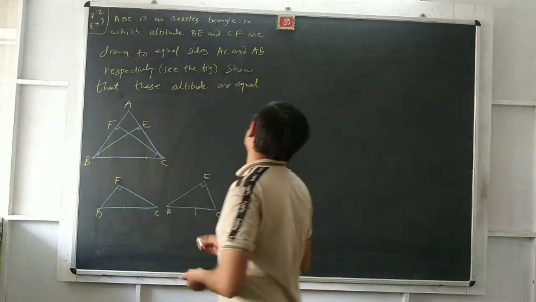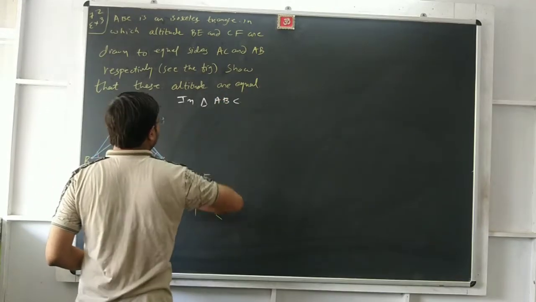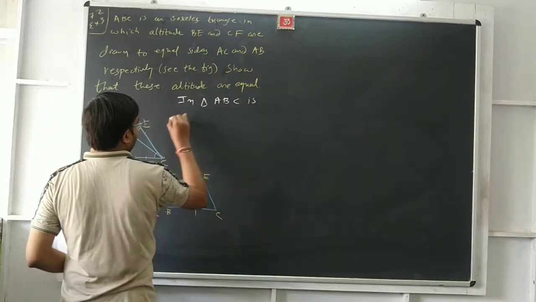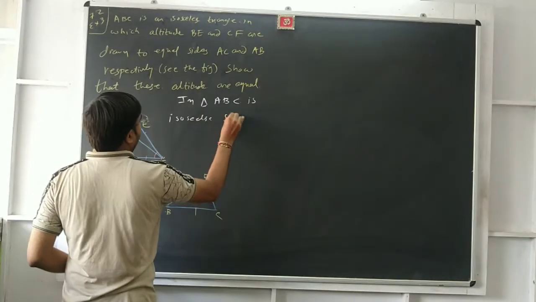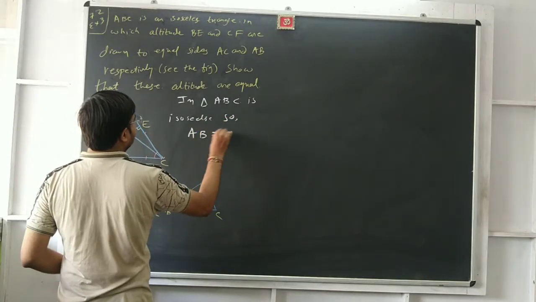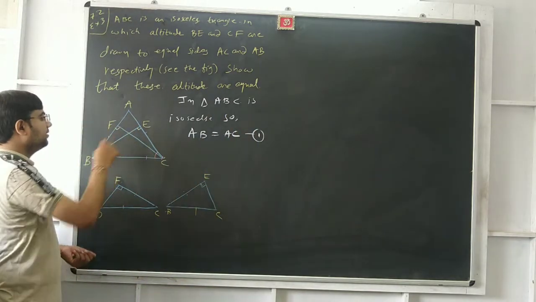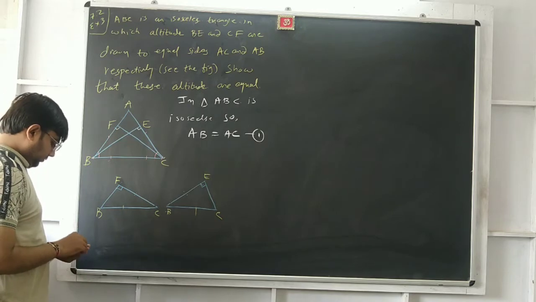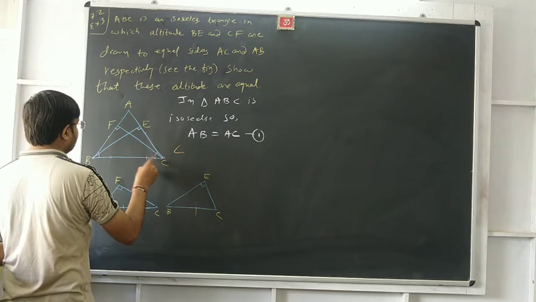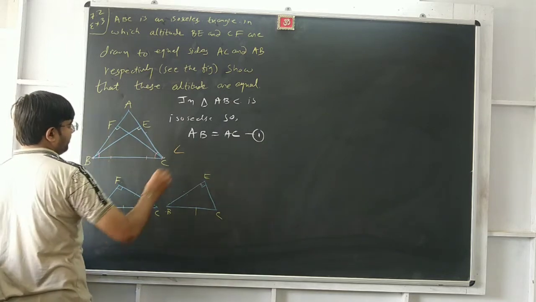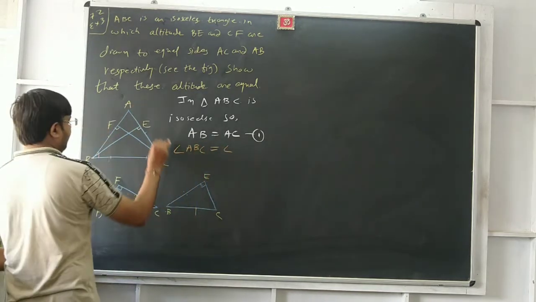So first I can write, in triangle ABC, it is isosceles. So AB is equal to AC. Equation number 1. And we know that angle ABC is equal to angle ACB.